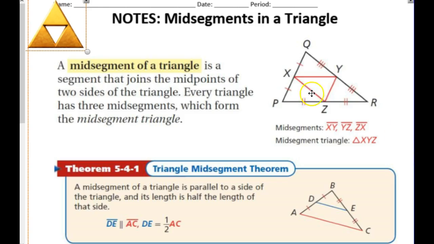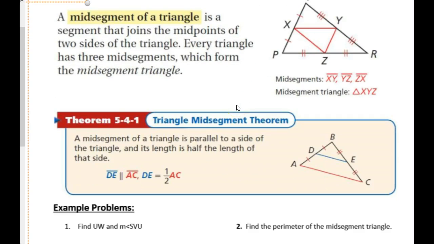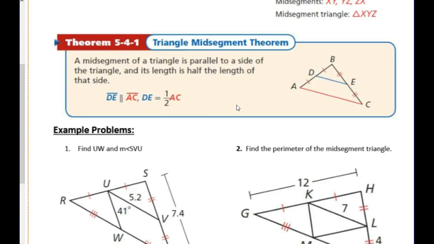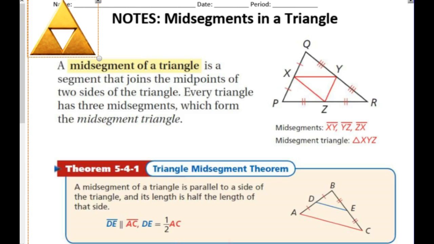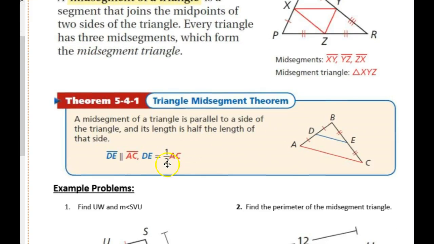So if I make 3 midsegments, you're going to make a midsegment triangle within another triangle, which again, we've seen before. So you need to know the relationship for midsegments. Check it out down here.